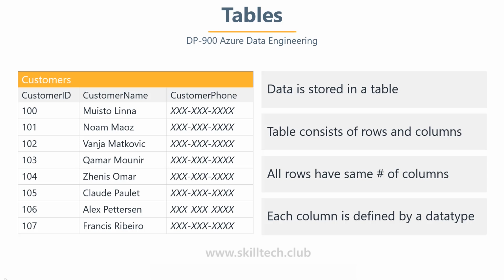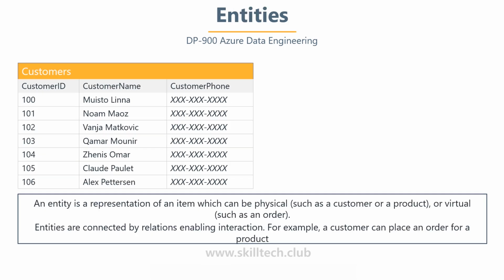To understand table relationships, let's first understand one more thing, which is entities. An entity is a representation of an item which can be physical or virtual. A physical item may be something like a customer or a product, or it may be virtual, like an order, because when you place an order, it's a virtual entity.